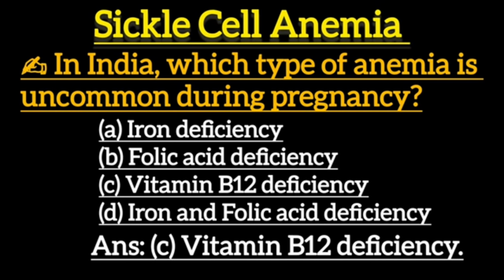Next one is, in India, which type of anemia is uncommon during pregnancy? Option A, iron deficiency. Option B, folic acid deficiency. Option C, vitamin B12 deficiency. Option D, iron and folic acid deficiency. Correct answer is option C, vitamin B12 deficiency.